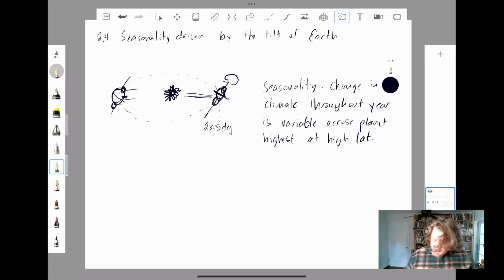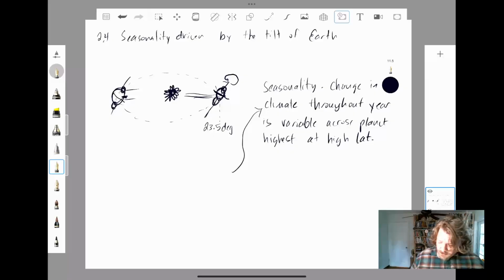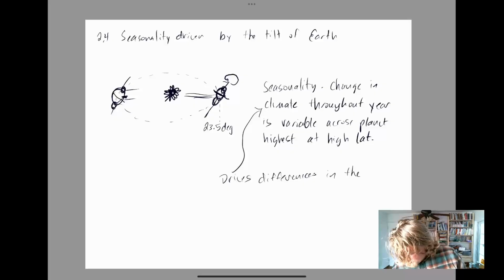This seasonality means that organisms that are adapted to live far away from the equator have all sorts of different challenges than organisms that live at really low latitudes, right? And this pattern of seasonality drives differences in the ecology of organisms.